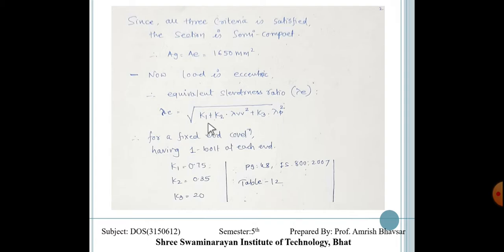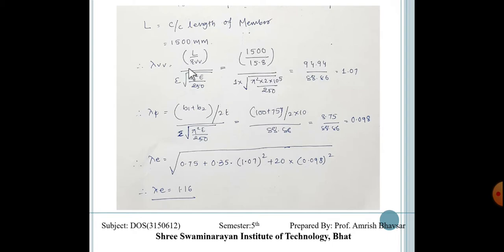We have to find K1, K2, K3, lambda vv and lambda phi, and for that we have equations. K1, K2, K3 depend on the condition: for the fixed end condition with one bolt at each end, K1 is equal to 0.75, K2 is equal to 0.35 and K3 is equal to 20.